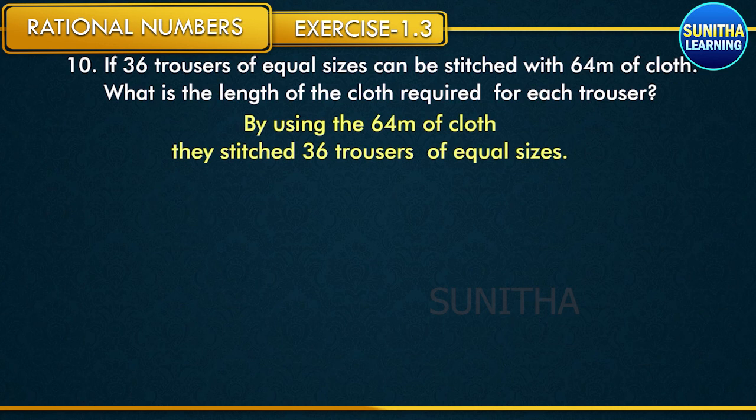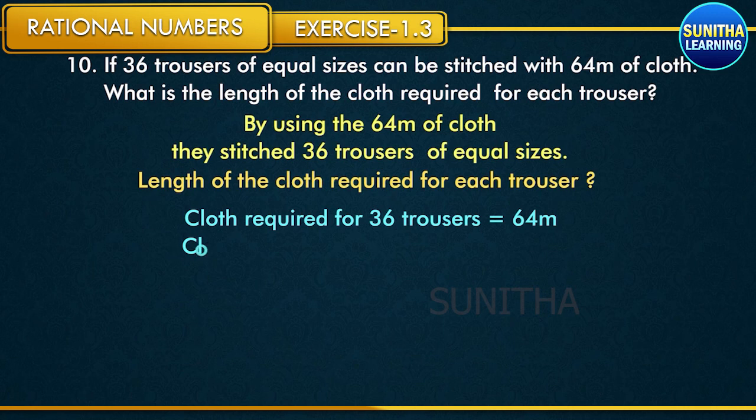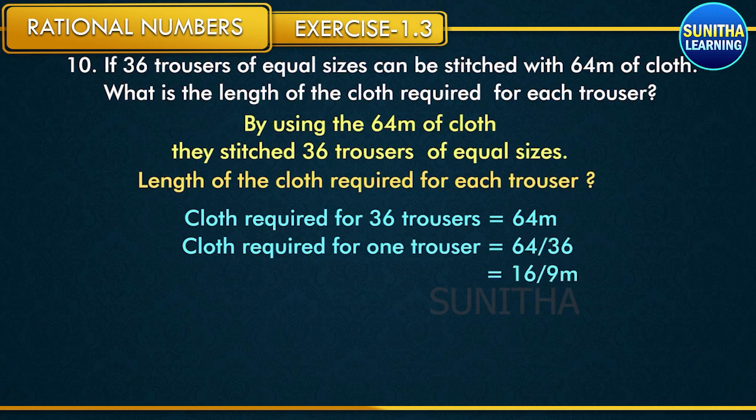Then what is the length of the cloth required for each trouser? Each trouser, how much length of cloth is required? To stitch the entire 36 trousers, 64 meters of cloth is required, meaning to stitch one trouser, how many meters are required? Simple, right?